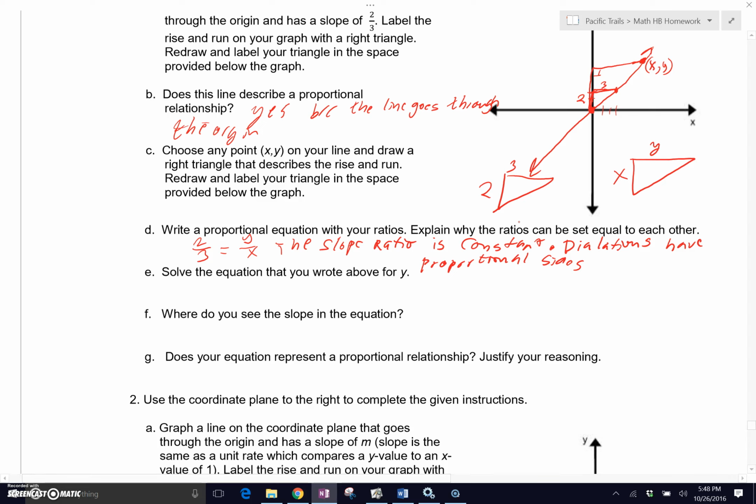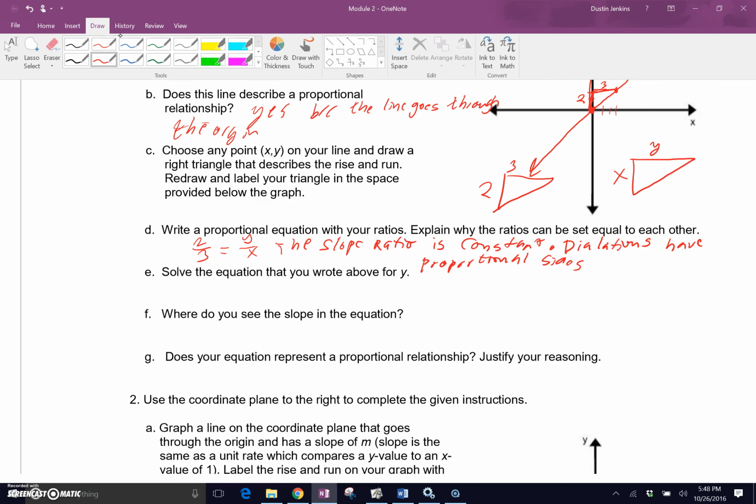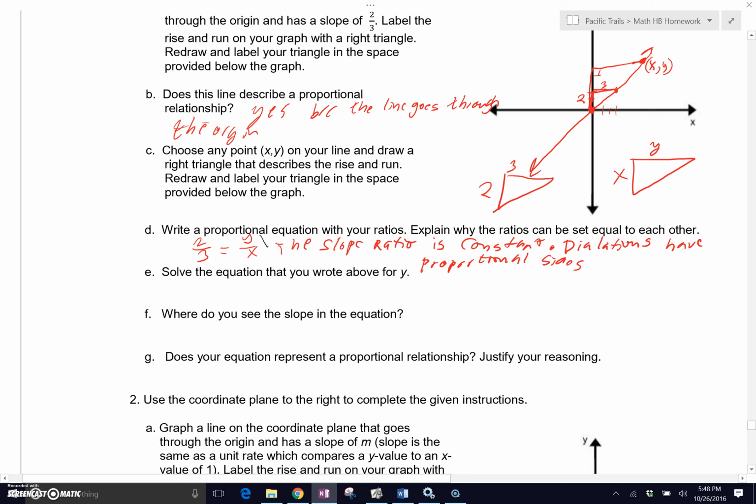It says solve the equation where you have y by itself. So I want to get y by itself, so all I'm going to do is multiply both sides by x. We looked at this previously. This would give me the equation that y is equal to 2/3 x. Now here it says, where do you see the slope?